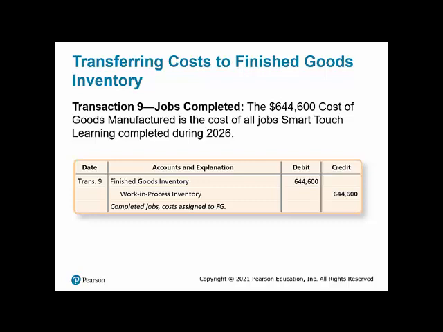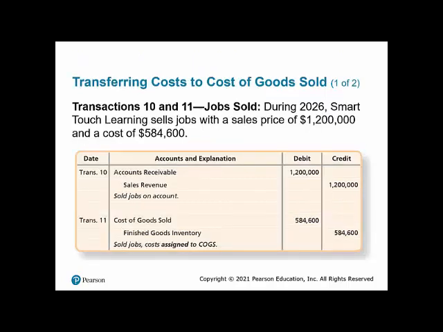For all of the goods that have been completed by Smart Touch Learning during 2026, we would debit finished goods inventory and credit work in process inventory. The total amount of cost of goods manufactured was $644,600 in 2026.